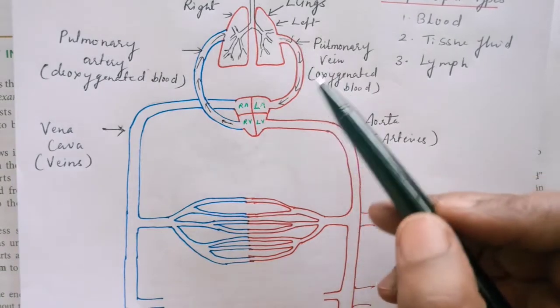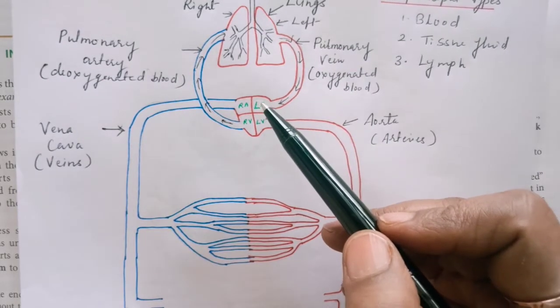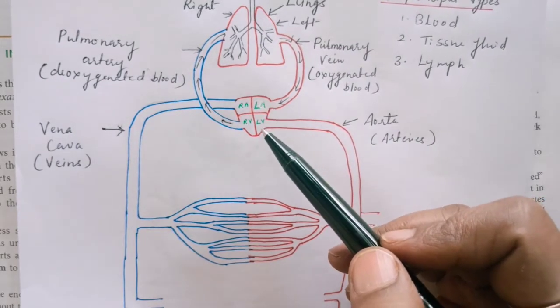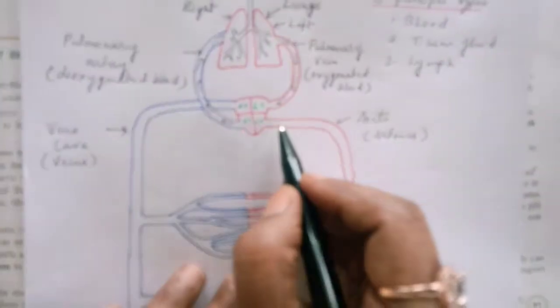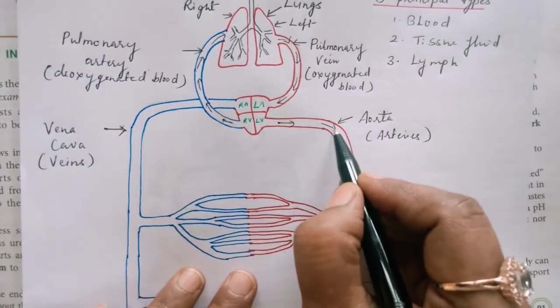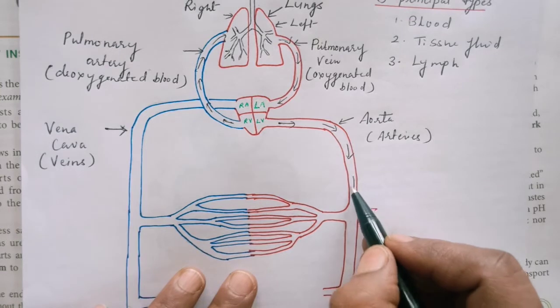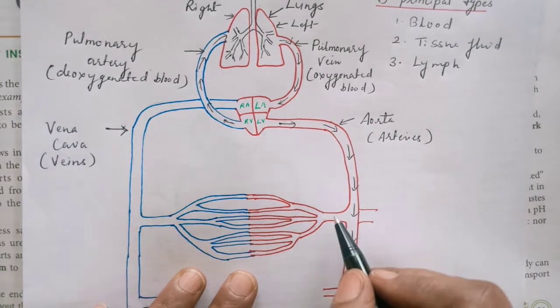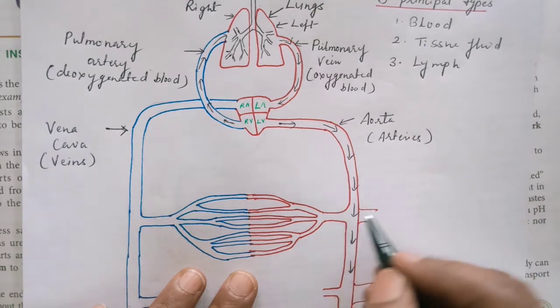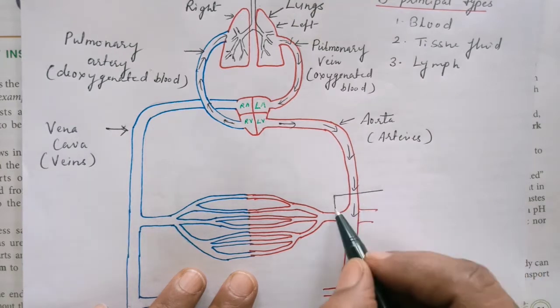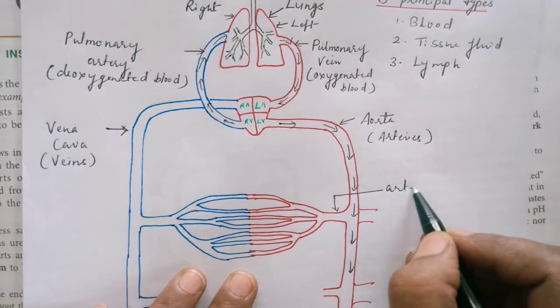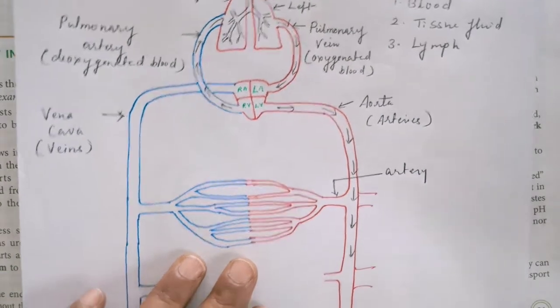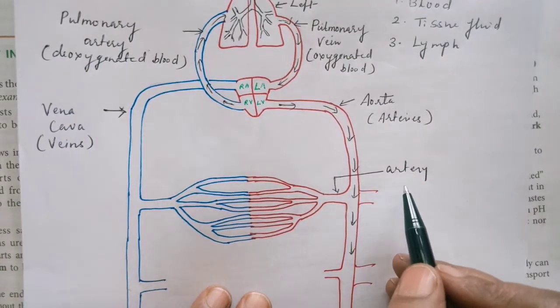Oxygenated blood from the lung reaches the left auricle. From the left auricle it passes to the left ventricle, and then from the left ventricle it passes through the aorta, reaching different parts of the body. As I said earlier, this aorta divides into many arteries. Let me name it as the artery. The artery once again subdivides.